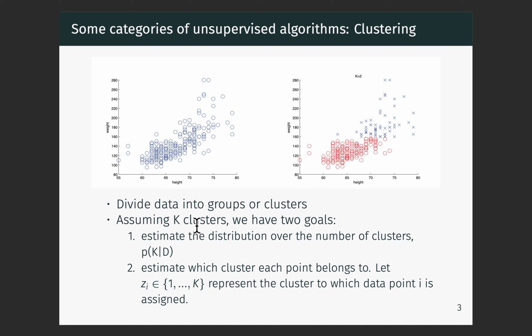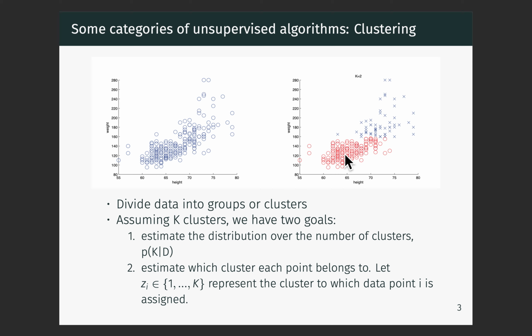And secondly, then you want to estimate which cluster each point belongs to. So let's say in this case, we have k equal to 2, and this is the point x1, let's say. You want to see whether x1 belongs to red or blue, so either one of the two clusters, sorry, not classes. So there are two important goals.